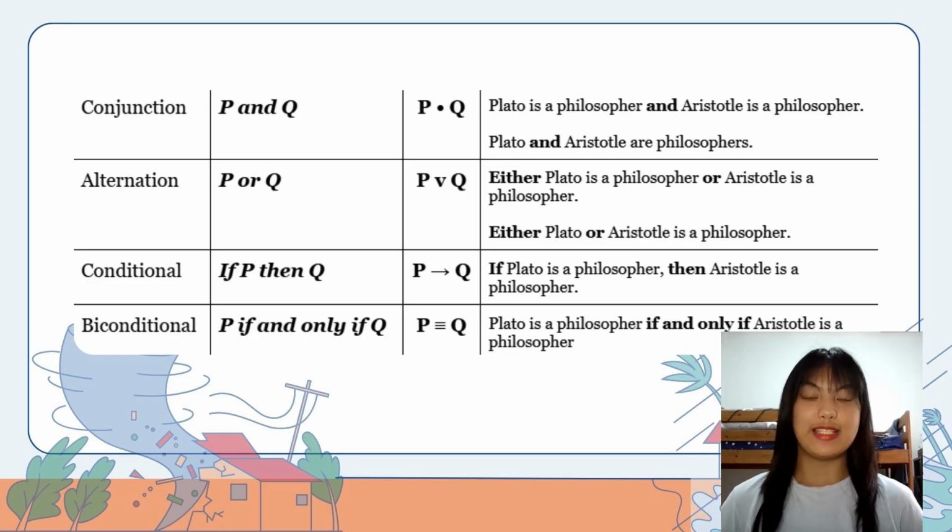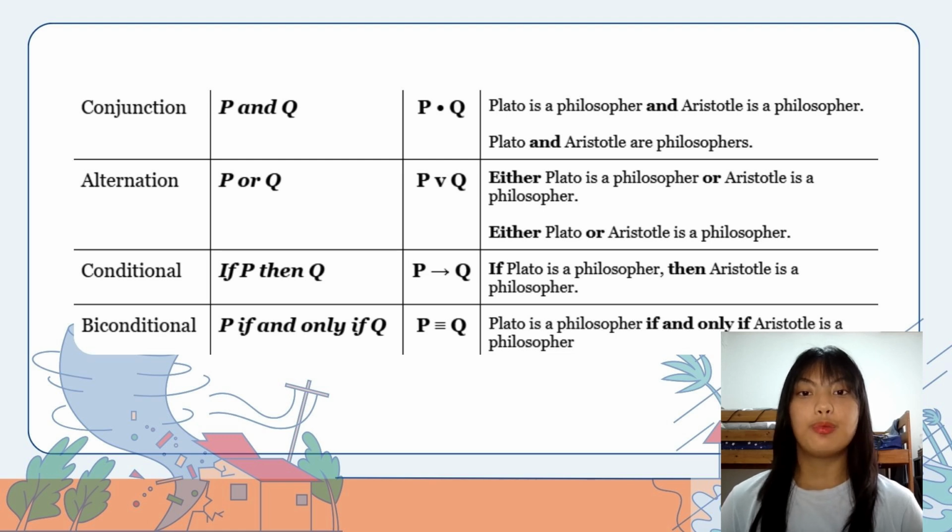In the matter of representing compound statements, we'll make use of these two simple statements to elaborate the different representations, starting with conjunction. P dot Q. This reads P and Q, since dot is the technical symbol of conjunction, and you know that conjunction is the technical representation for the and connecting word.